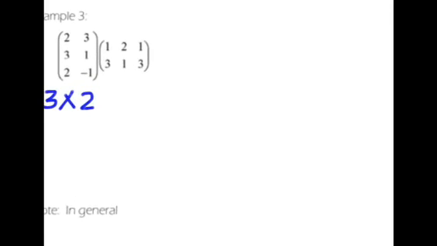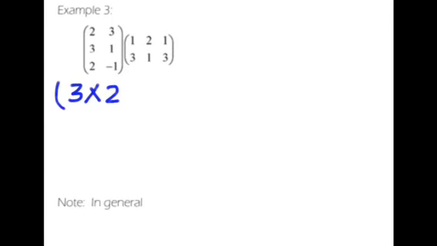So it's a 3-row by how many columns? 1, 2. And then the other matrix has how many rows? 1, 2. And how many columns? Looks like 3 to me.